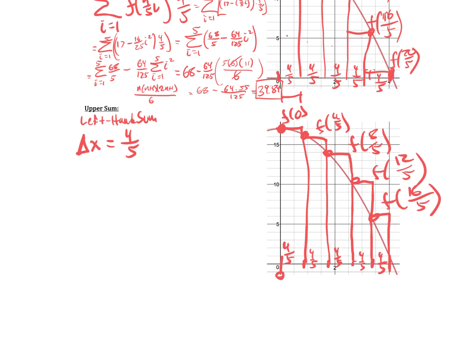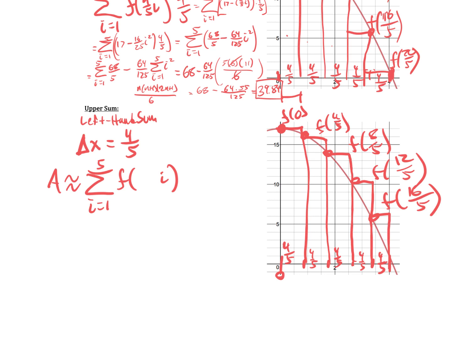So how can we do this? Well, we can do this a couple ways. Let's write our summation. So the area approximation is the sum of i equals 1 to 5 of, now we have to write an expression for this. So this is 4/5, not times 1, but 4/5 times i minus 1.